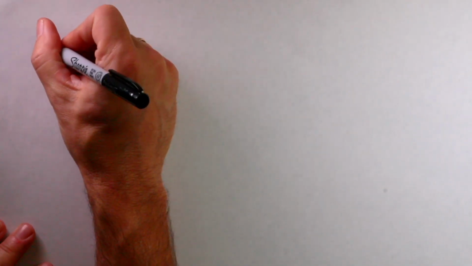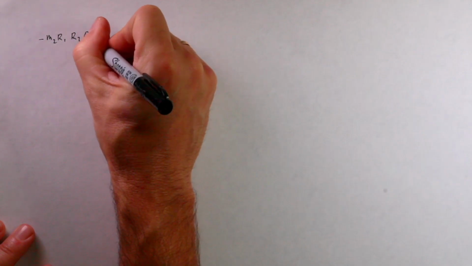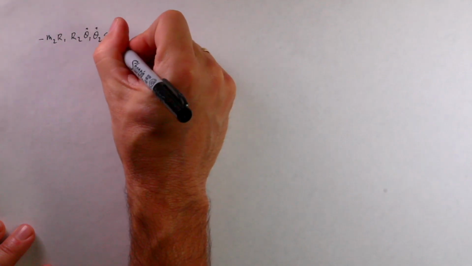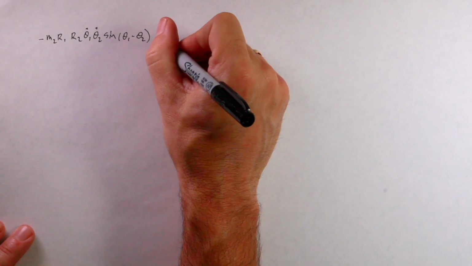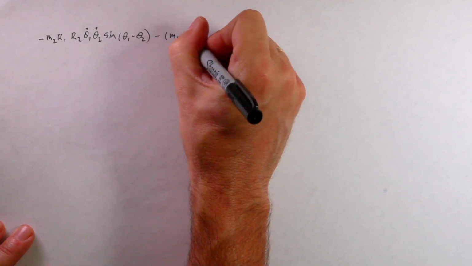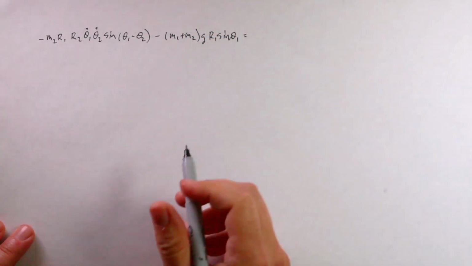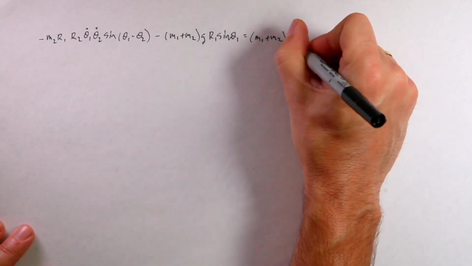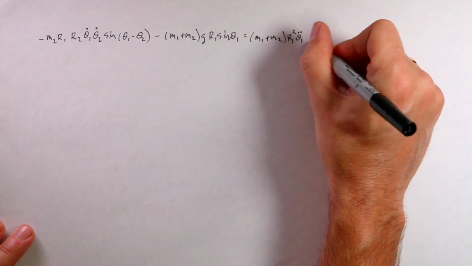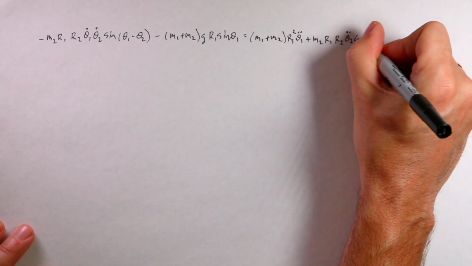Okay, so I get minus M2 R1 R2 theta 1 dot theta 2 dot sine, and we're still on theta 1, sine theta 1 minus theta 2 minus M1 plus M2 G R1 sine theta 1 equals, now my other term, which is M1 plus M2 R1 squared theta 1 double dot plus M2 R1 R2 theta 2 double dot cosine theta 1 minus theta 2.